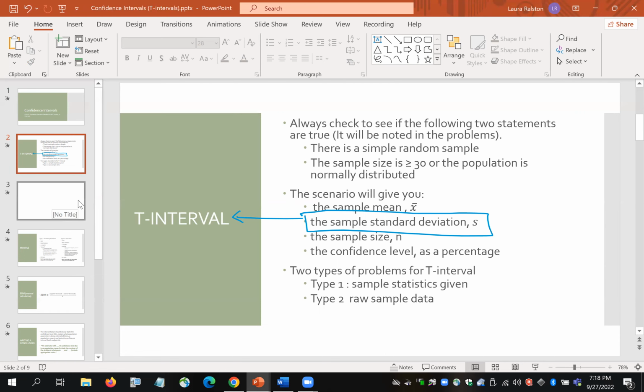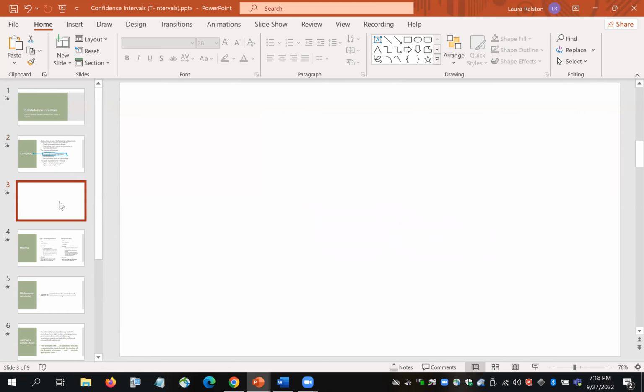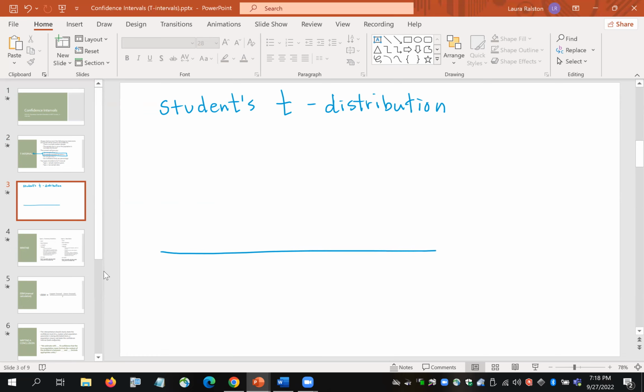Okay, the other thing that I want to point out is that the T interval is based on what's called the student's T distribution. It's a different statistical distribution from the normal. It's very similar to the normal. In fact, it has pretty much all of the same characteristics.